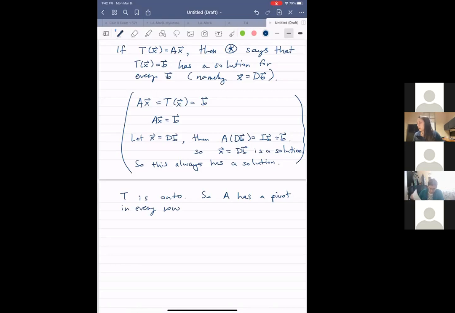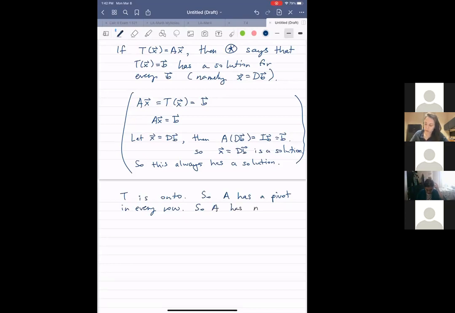Okay, and then remember that if A did not have a pivot in every row, then we could possibly get an inconsistent system for some vectors B, right? So that was why T being onto meant that A had to have a pivot in every row, right? Okay, so pivot in every row. That means that A has n pivots, right?